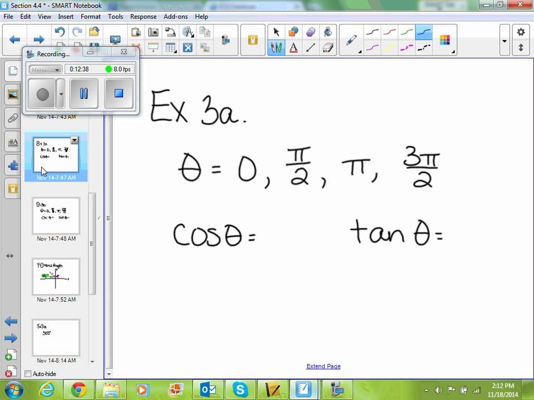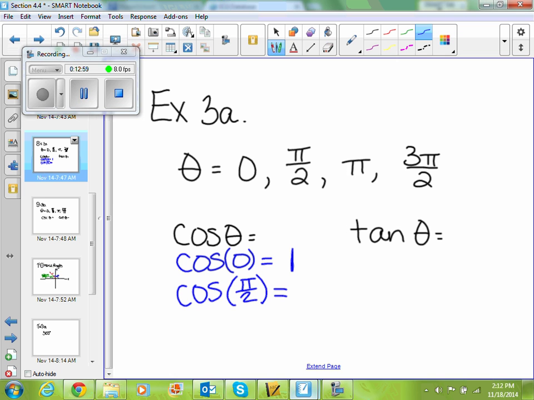So if I start with cosine of 0 on my unit circle, I know that cosine of 0 is equal to my y value, which is 1. I also know that cosine of pi over 2 is equal to 0.